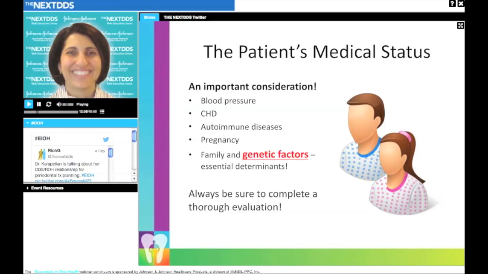So if you have a family history of periodontal disease, you can be tested for that IL-1 beta gene, and that can help us determine how well controlled the disease can be, or if you are susceptible to the disease. So family history does play an important role, but medical status and inflammatory diseases play a larger role in periodontal disease.